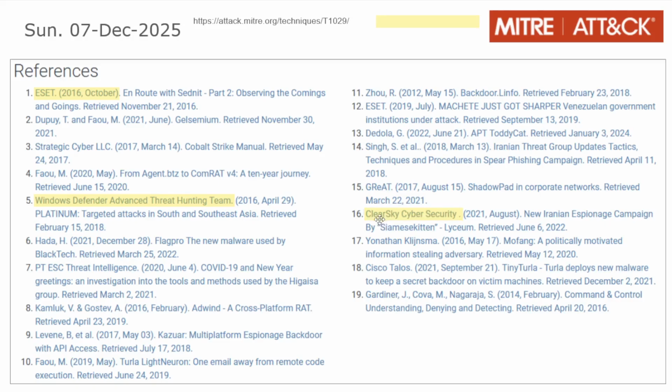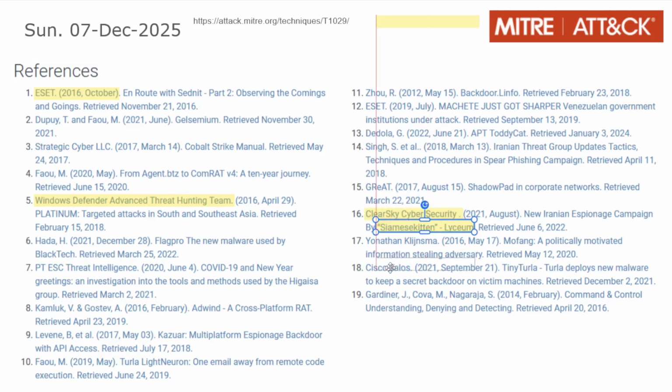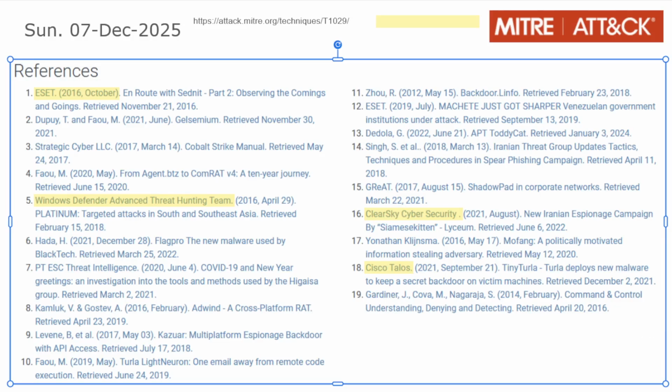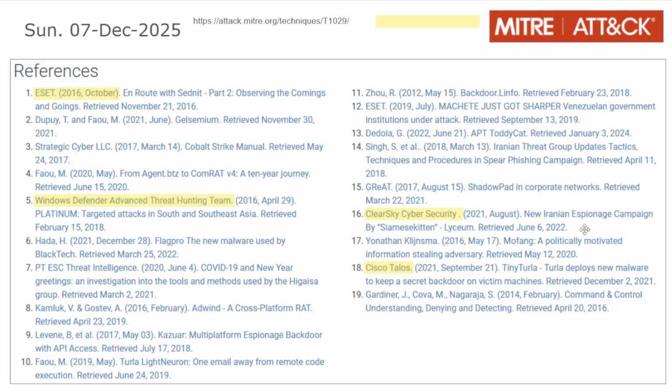And Cisco Talos, I heard about these guys. Alright, so we know that there's a little bit going on here. There's some famous people writing. So here these guys write about a new Iranian espionage campaign. Okay, these guys write about observing the comings and goings.